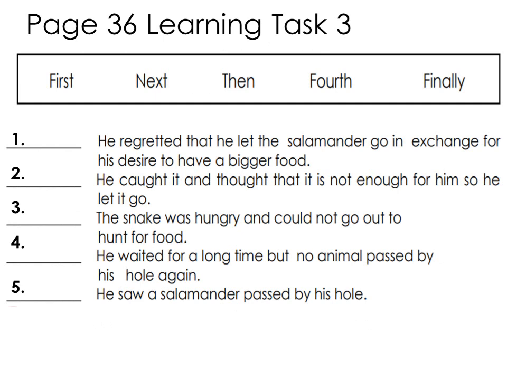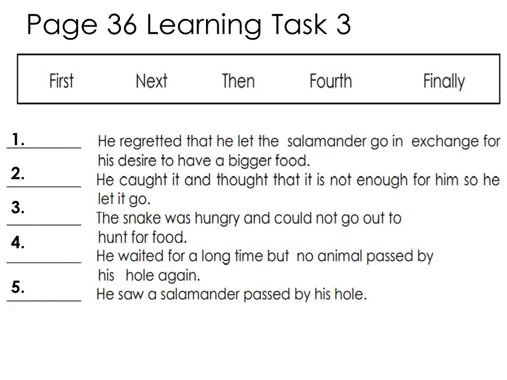Okay, now this time, let's answer page 36, learning task 3. Just get your notebook and write page 36, learning task 3. Then write 1, 2, 3, 4, 5. So the choices here are first, next, then, fourth, and finally.